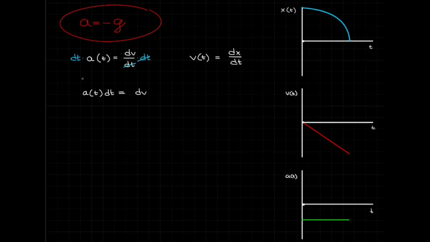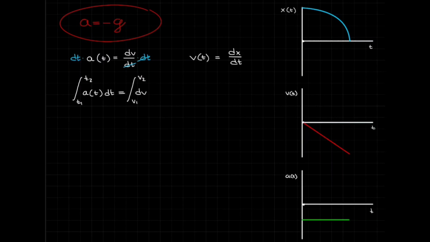And now we can integrate both sides. Remember, your bounds have to be in terms of the same variable that you're integrating with respect to. So it's going to be the integral of acceleration from t1 to t2, and the integral of the velocity differential from v1 to v2.